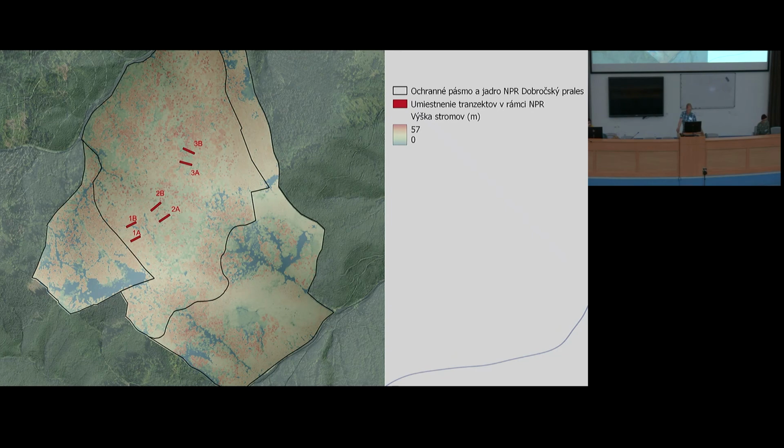This is how it looks for our fir-beech old-growth forest, where we have test sites, and also the forest where Martin will use these TLS techniques to test them.